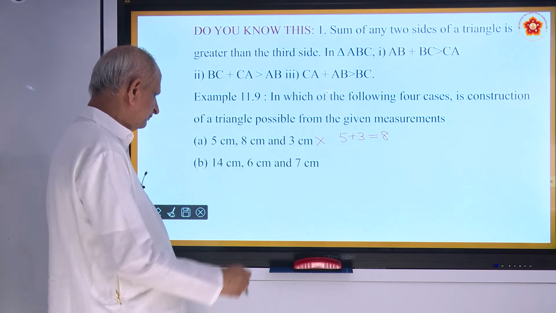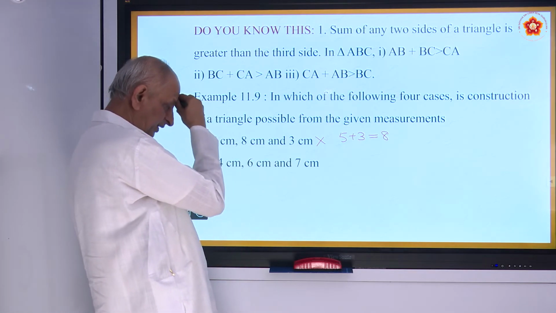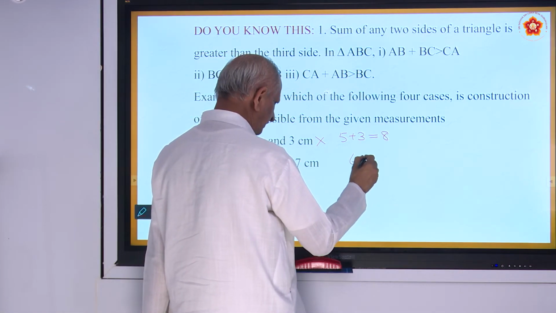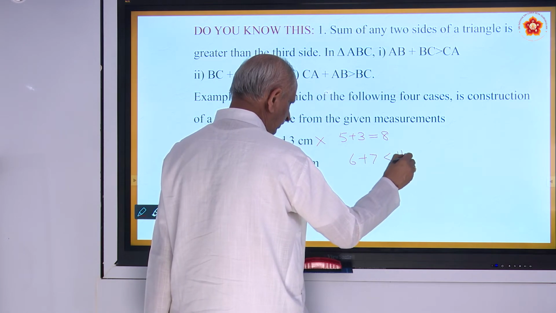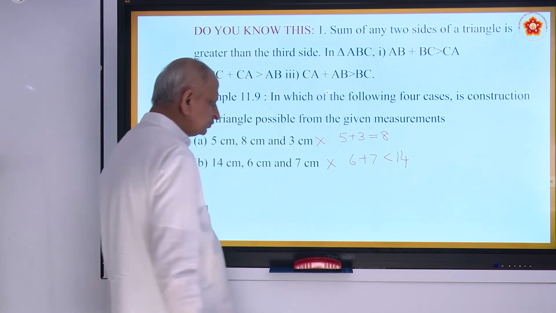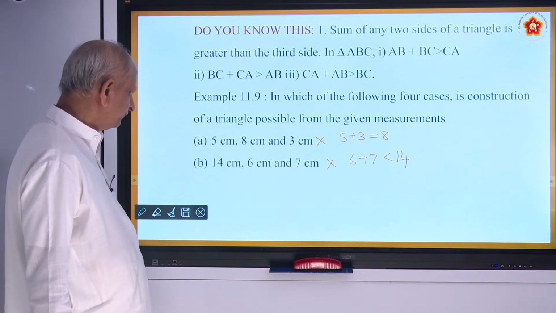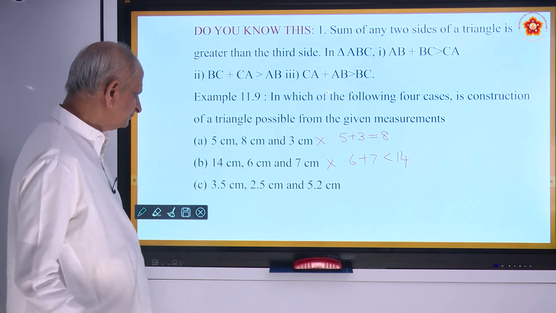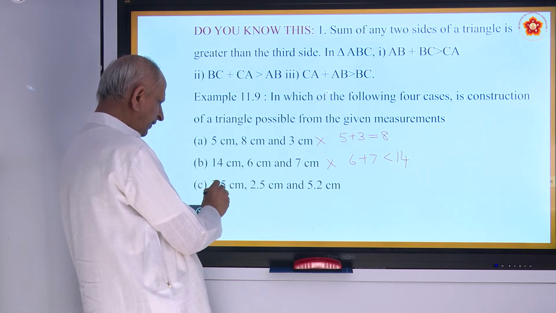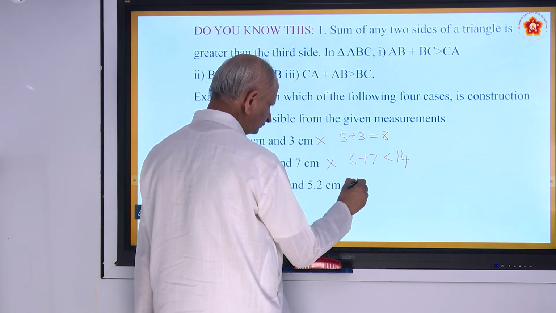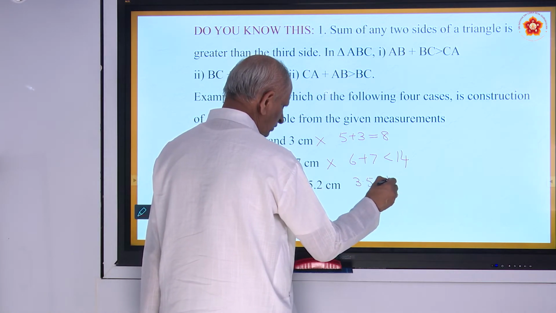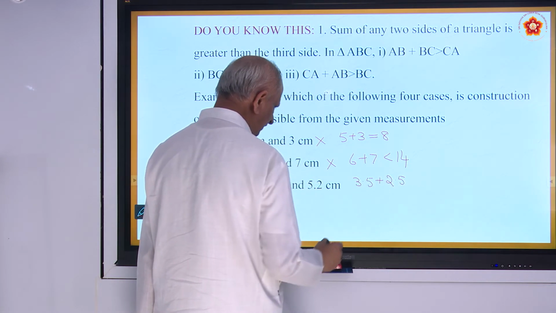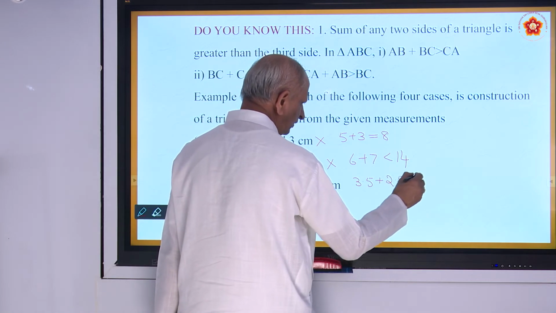And second case, 6 plus 7 is less than 14. So it should be more than that. So it is also not possible. You cannot draw. And thirdly, if you add any two sides, for example 3.5 plus 2.5, that becomes 6, which is more than 5.2.